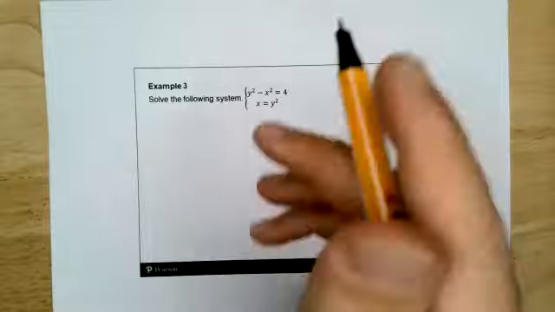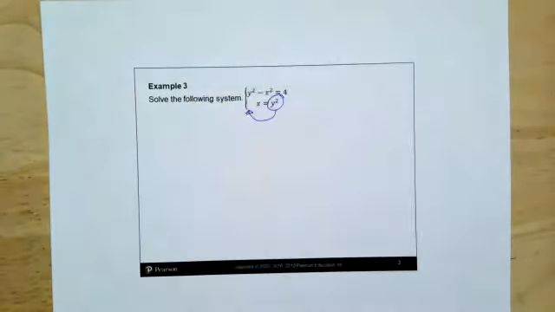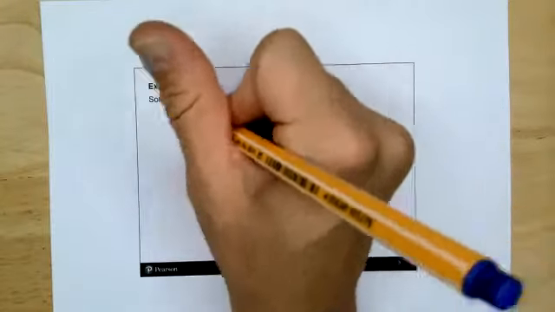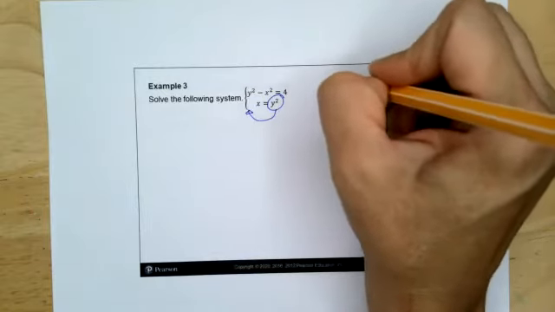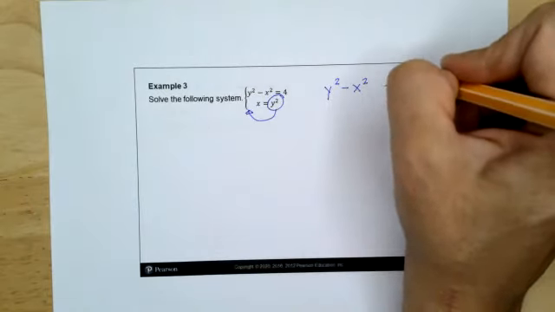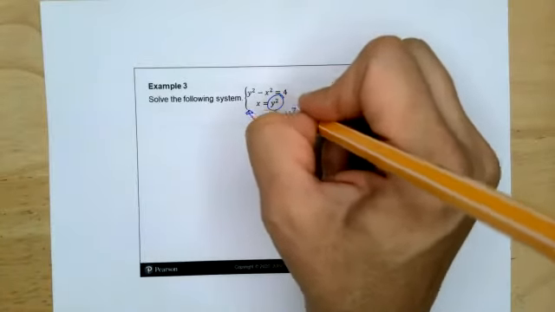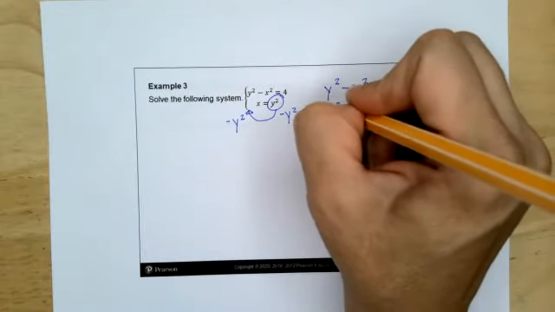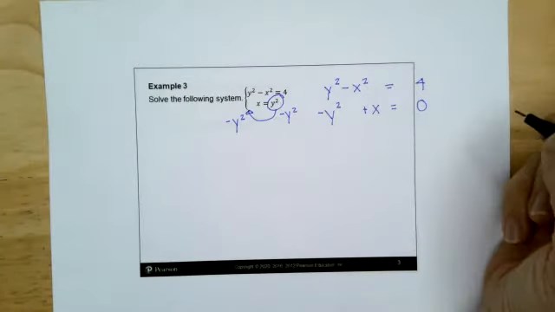What I want to do is take that y squared and move it over here, just leaving 0 on the right side. If I want to line them up, I want my constants on the right, all my variables on the left. So this becomes y squared minus x squared equals 4. And this becomes, so I'm going to subtract y squared, subtract y squared. This is going to become negative y squared plus x equals 0.